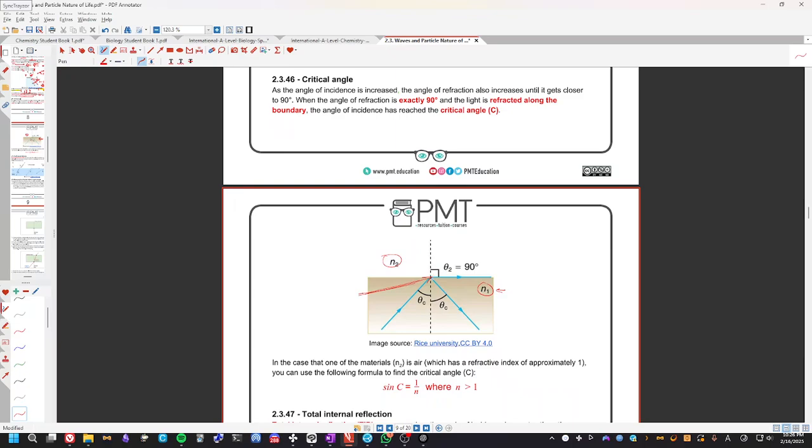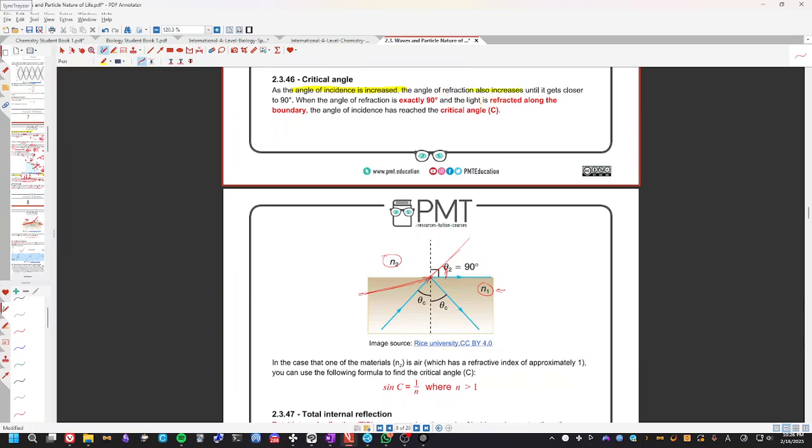It says here, straight up, that when your angle of incidence is increased, the angle of refraction also increases.